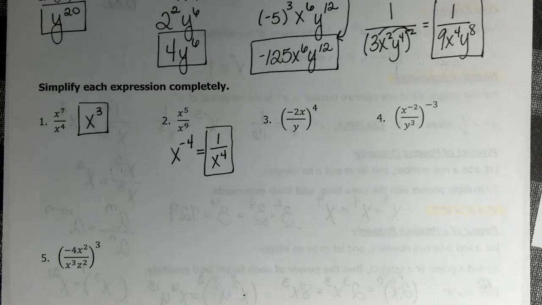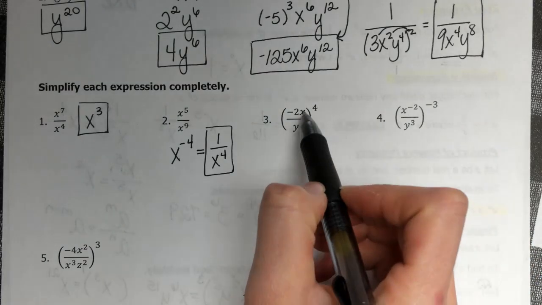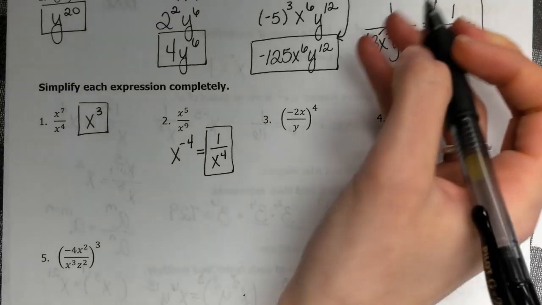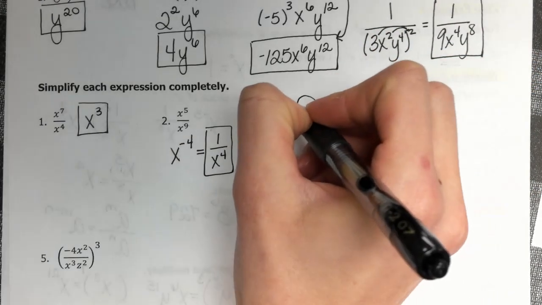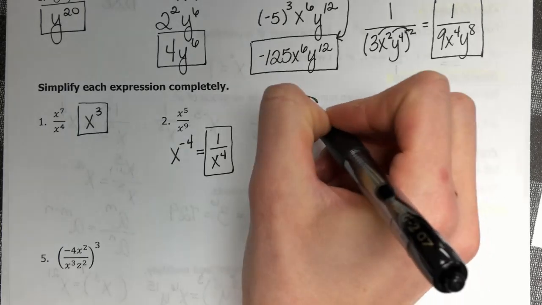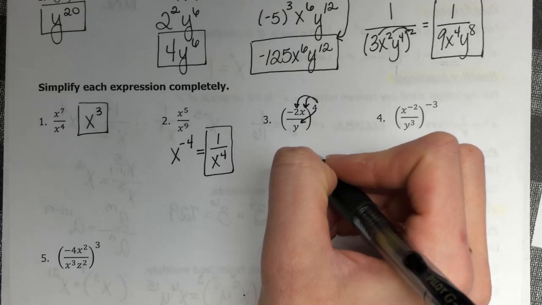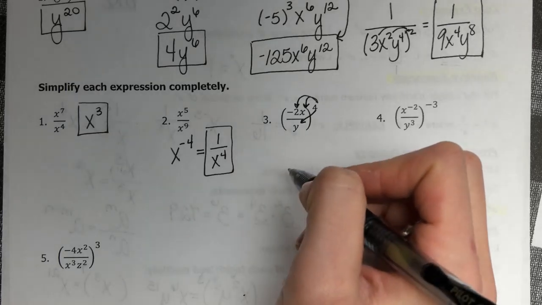Okay. Now, this next one, do I have like bases? No. How many different terms are there? 3. Okay. So I take this 4 and I distribute it to all 3. So is the negative part of my base? Yes.